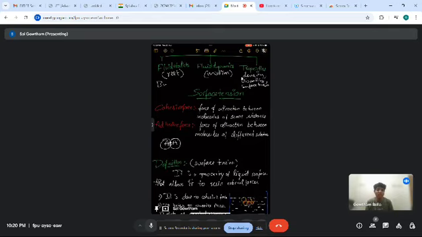And adhesive forces are the forces of attraction between the molecules of different substances. Consider two substances A and B; the force of attraction between these two molecules is called adhesive force.